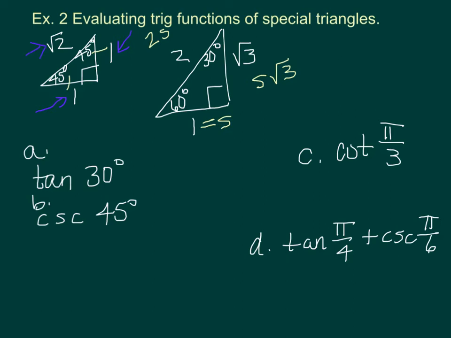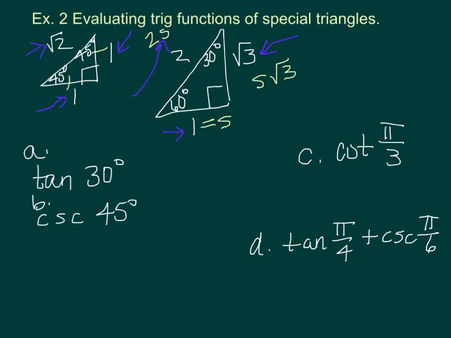For the 30-60-90, we have the short side, which is 1. Across from the 60 is the short side times radical 3. And across from 90, you double your short side, or 2 times your short side, and that's how we receive 2. And you need to learn these 2 special triangles.